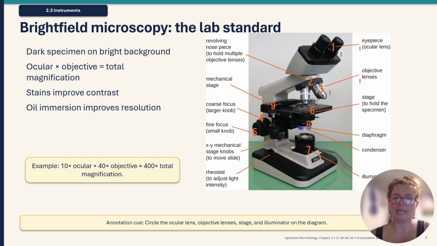But here you'll see this is where you hold the specimen, and then the diaphragm is here and the condenser, and this is where the light shines up, and here you adjust the light sensitivity and the focus. So just remember, your ocular times your objective is your total magnification.